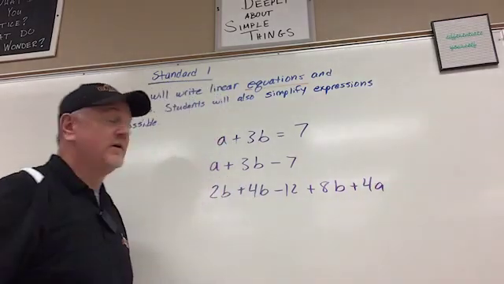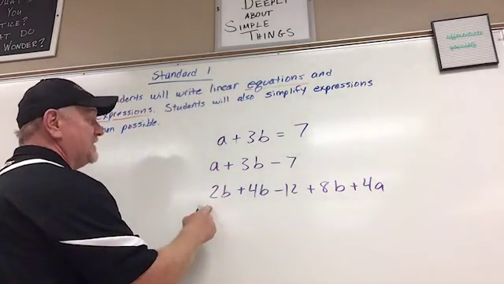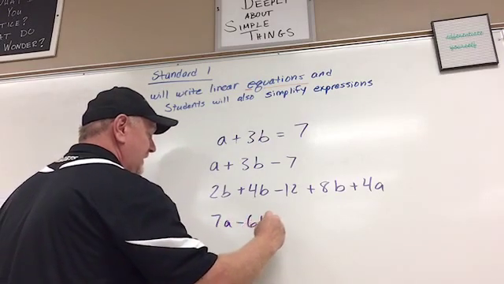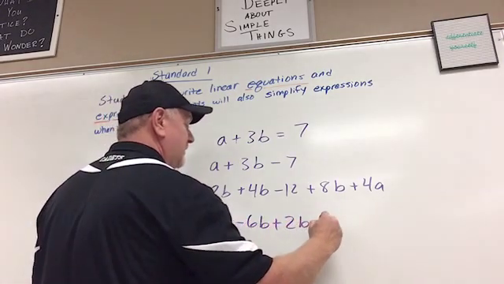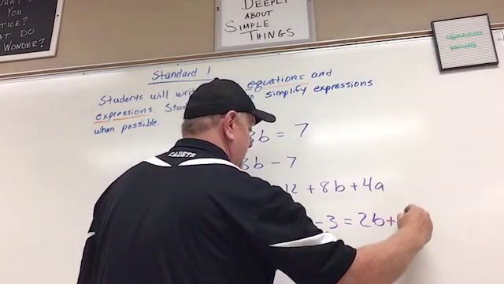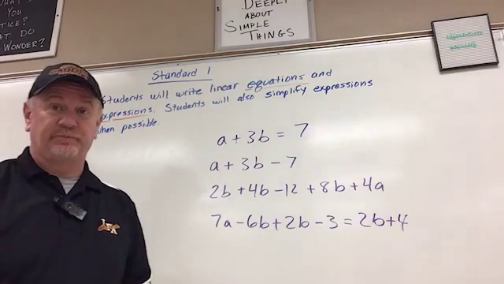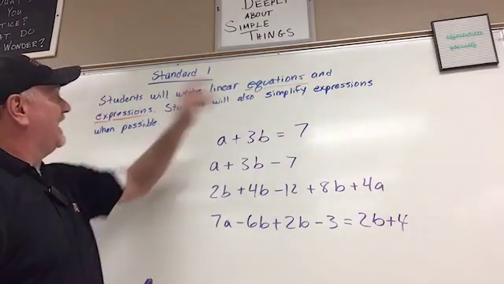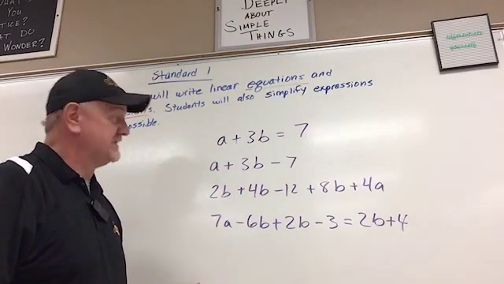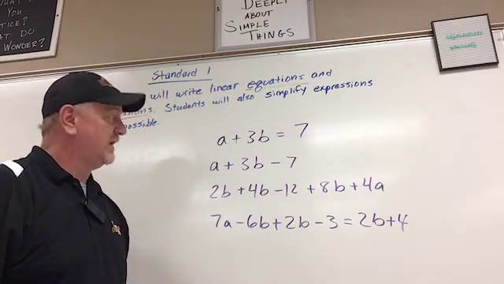We'll make it really long. And let's do one more. 7a minus 6b plus 2b minus 3 equals 2b plus 4. Make that one long too. All right. Equations and expressions. I've got 4 different ones, and as it turns out, I made 2 of each.